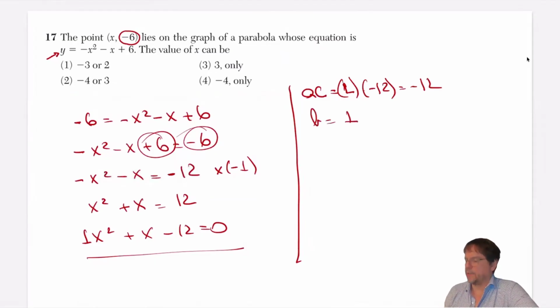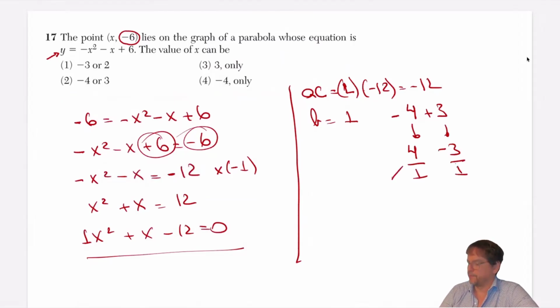My B is equal to 1, so I need to find two numbers that the multiplication is minus 12 and the sum is 1, okay? So it will be 4 and 3, minus 4 plus 3. I will get the opposite, that's 4 and minus 3 and divide by a. So the roots are 4 and minus 3.